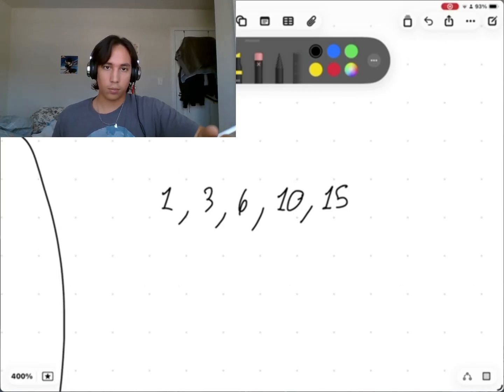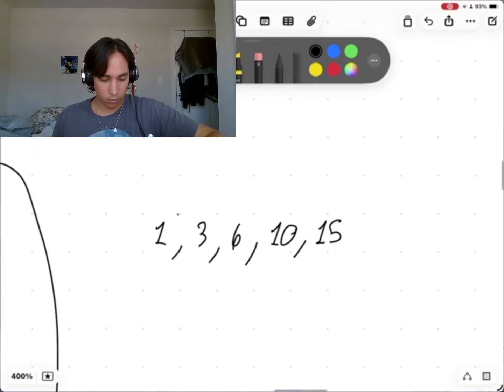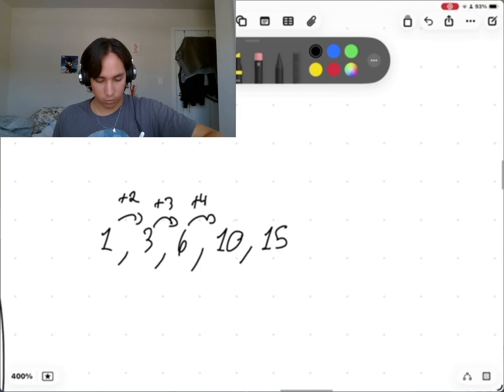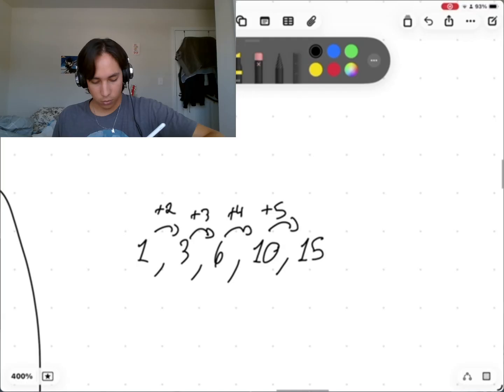If we look at the addition, in this case, you add 2, and you add 3, then you add 4, then you add 5, right?